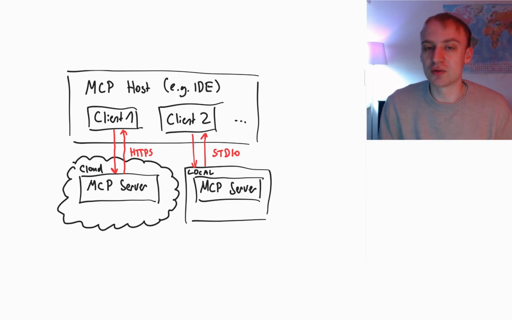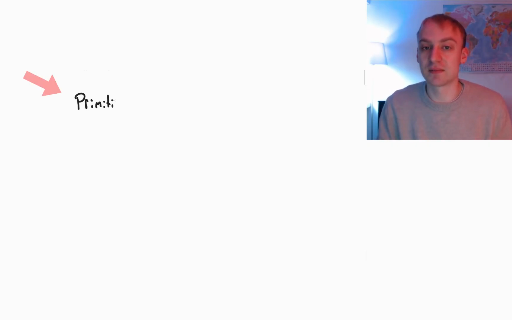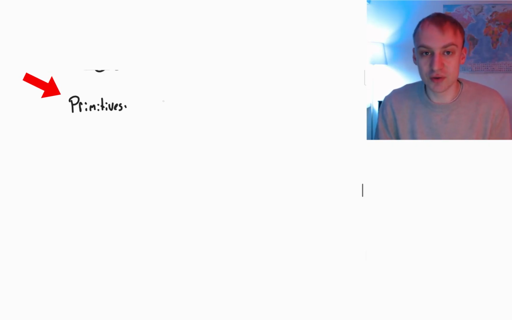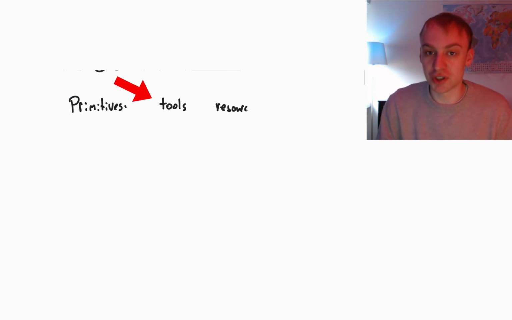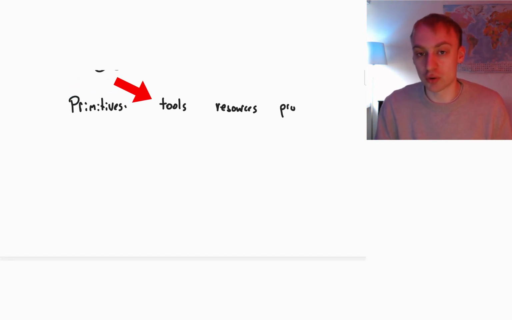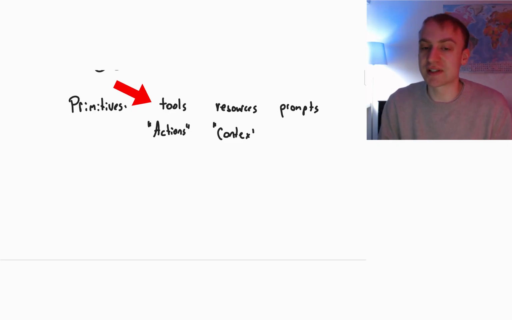But let's dive more into details. There are three essential capabilities that an MCP server can expose. These are called primitives. These primitives are tools, resources, and prompts. The tools primitive are executable functions that an AI application can invoke or call. So these are operations the LLM can trigger, for instance, performing a calculation, such as a multiplication on a calculator, or sending an email.